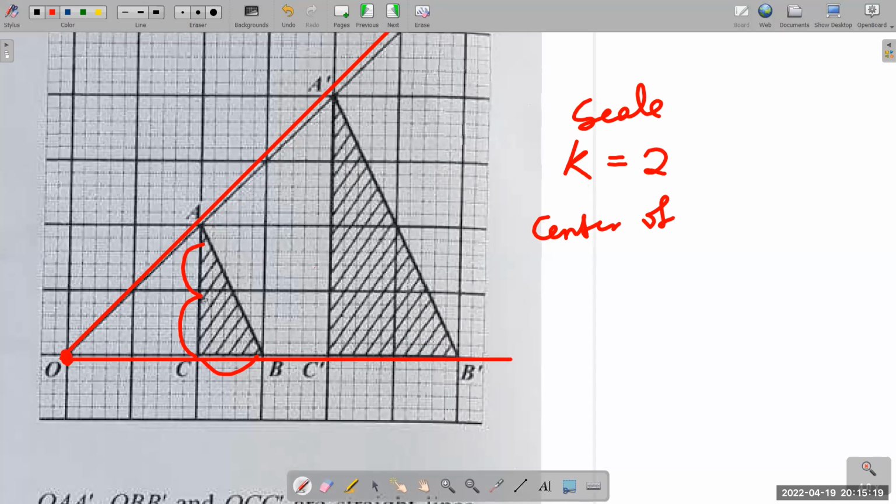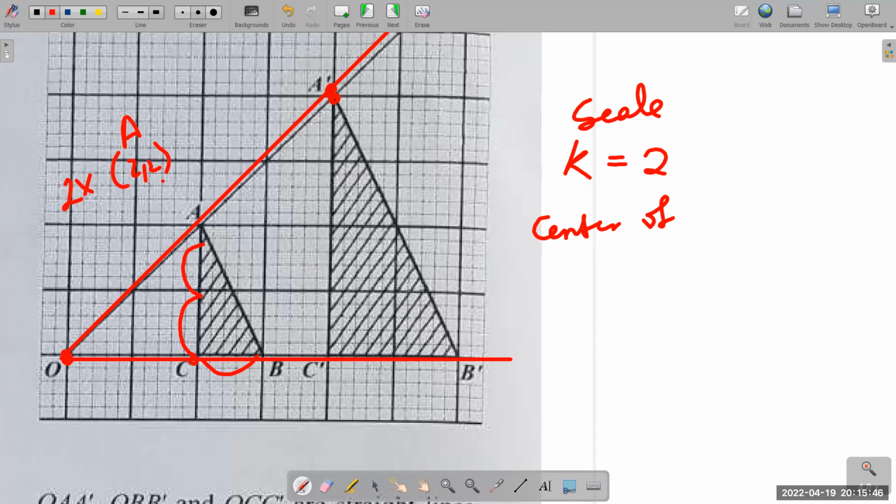So for example, A is currently located at what? A is located at (2, 2). So if I double this, where would my next A1 be? If A is here, where would A1 be located? A1 is (4, 4), because you're multiplying everything by 2. Where is this? At (4, 4): 1, 2, 3, 4. 1, 2, 3, 4. Everybody see how you find it?